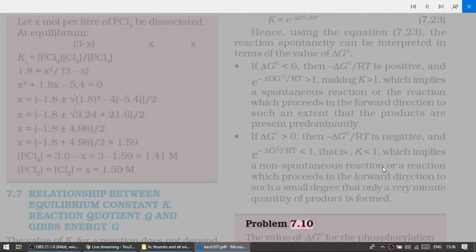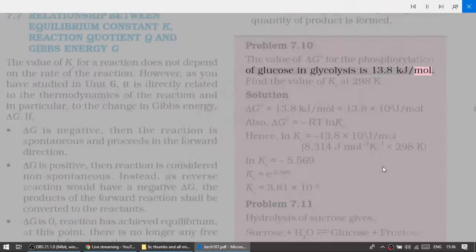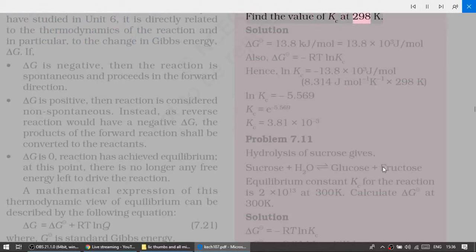Problem 7.10. The value of ΔG° for the phosphorylation of glucose in glycolysis is 13.8 kJ/mol. Find the value of Kc at 298 K. Solution: ΔG° is equal to 13.8 kJ/mol, which is equal to 13.8 times 10^3 J/mol. Also, ΔG° is equal to minus RT ln Kc.